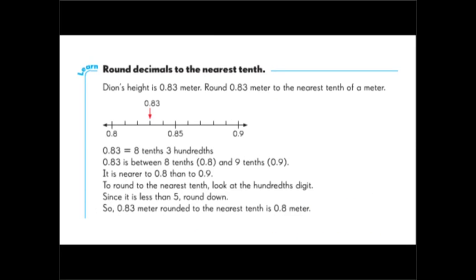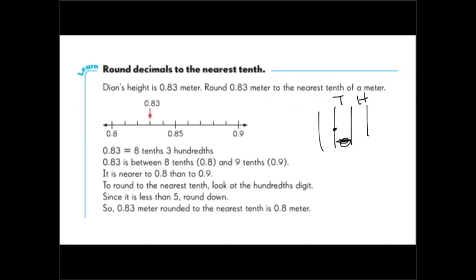We spent a lot of time talking about rounding to the nearest whole number, but the whole number is not the only place that we can round to. So here we have a problem that says Dion's height is 0.83 meters or 83 hundredths of a meter. Round 83 hundredths of a meter to the nearest tenth of a meter. So we need to look at our numbers chart with the decimal right here, tenths here, hundredths here.